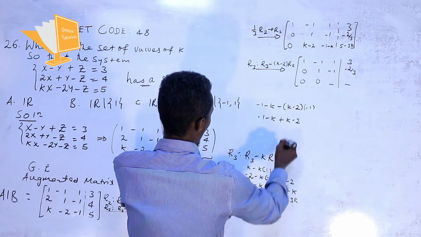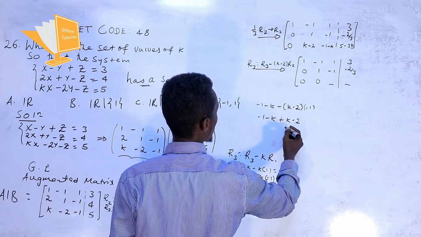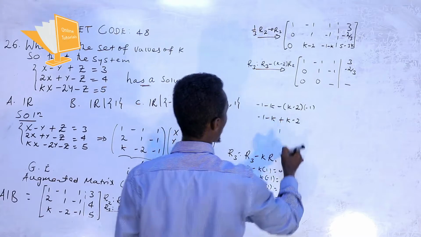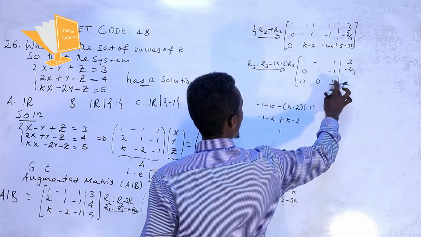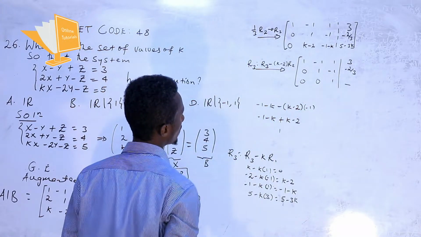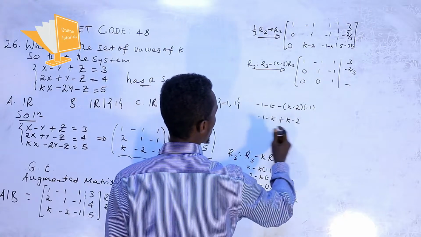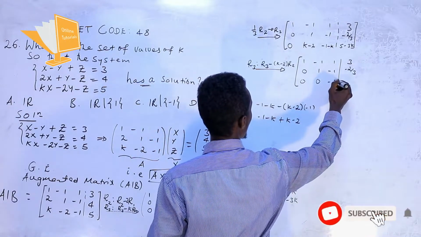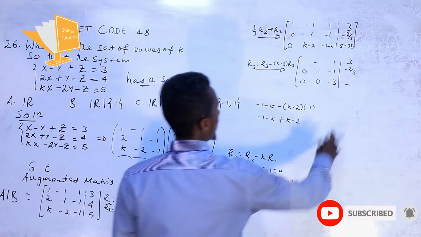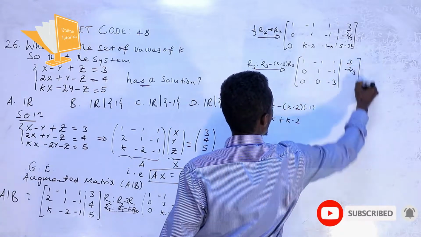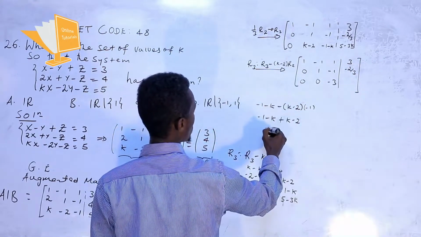So this entry becomes 1, and this becomes minus 3. Now to get this entry we apply the same technique.